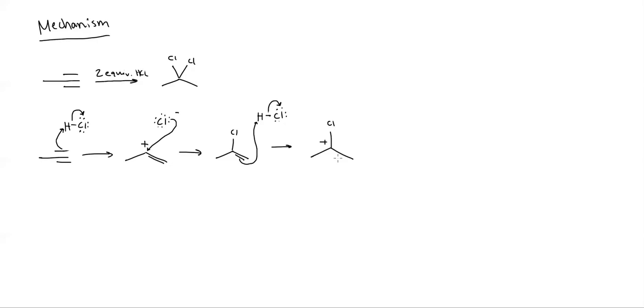So this is positively charged here, right? And then that chlorine is going to come back in and add itself to that carbon. And that's it. So then I get my final product, which was this, two chlorines on that. So a geminal dihalide. Okay.